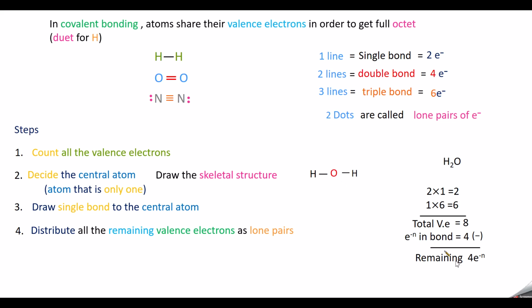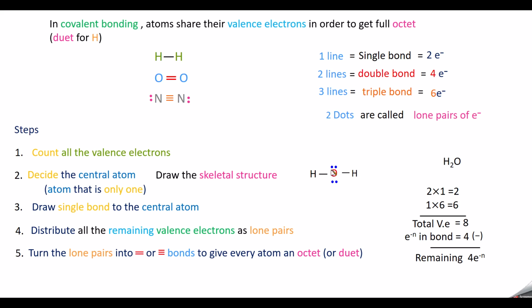But on oxygen, these 4 electrons should be written as lone pairs like this. The next step, you have to see whether every atom gets 8 electrons or not. For hydrogen, 2 electrons, it is satisfied. Next oxygen, when you check, 2 lone pairs of electrons, so 4, then 2 bonded pairs, so 4, 8 electrons, so it is satisfied.